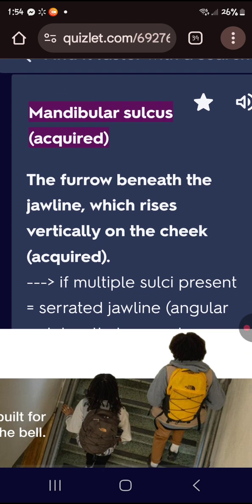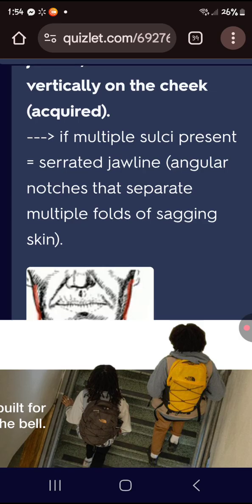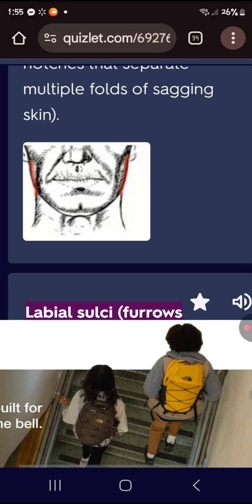Mandibular sulcus is the furrow beneath the jawline, which rises vertically on the cheek. If multiple sulci present, it equals a serrated jawline, which is a word for angular notches that separate multiple folds of sagging skin. There it is.